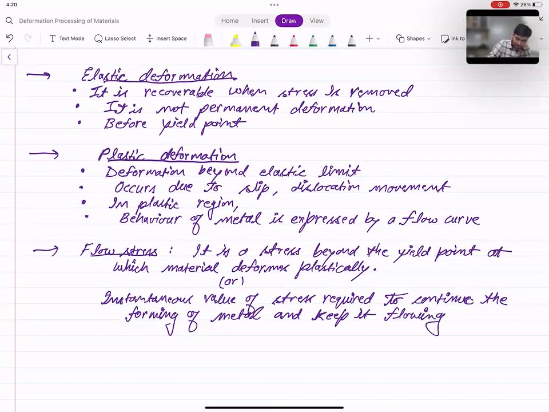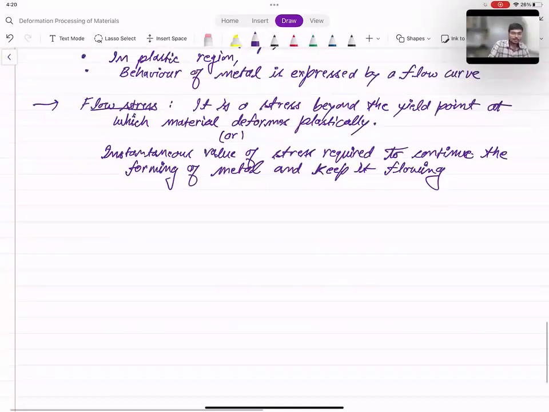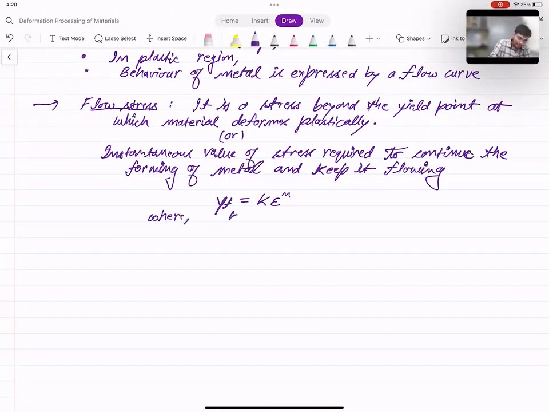Okay, so this is the flow stress, and mathematically it is expressed as flow stress YF equals K epsilon to the power n. This is not m, this is n. Here YF is the flow stress itself, and K is known as the strength coefficient.